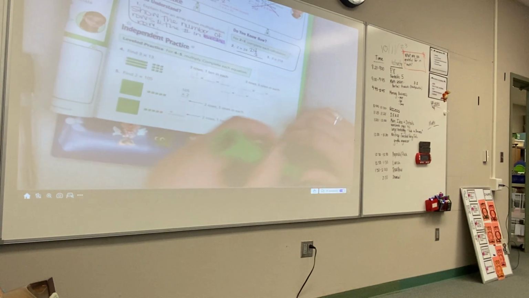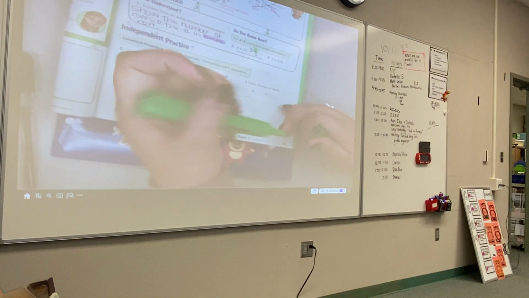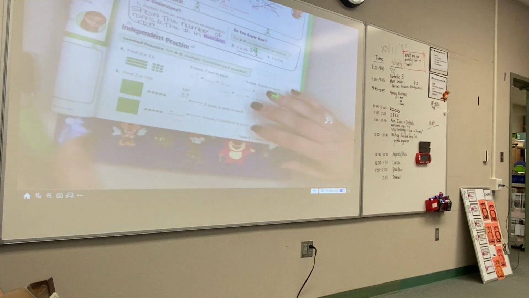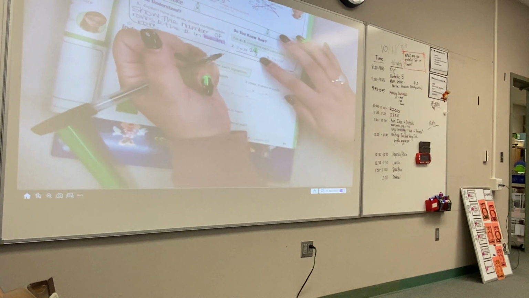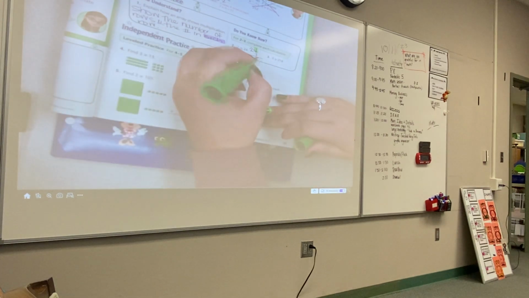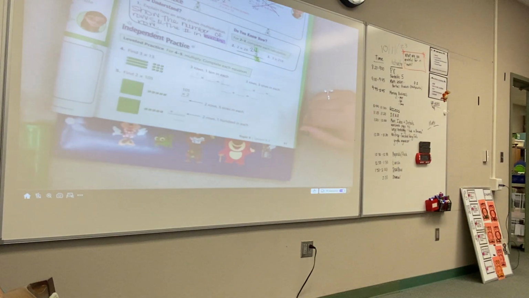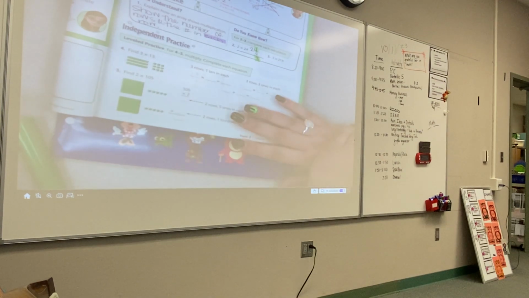So let's multiply the ones place. 2 times 4 is 8. And is it 2 times 2 or is it 2 times 20? 2 times 20.